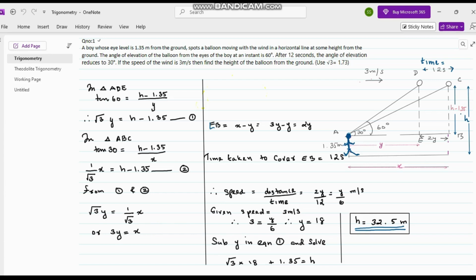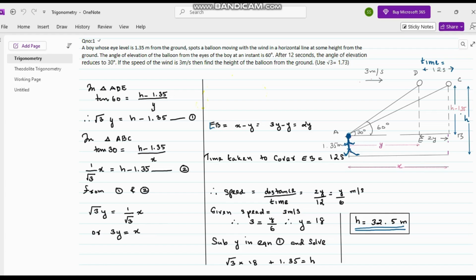Now, we are again moving back to the figure. You can see that in 12 seconds, the balloon covers a distance DC. It's equal to EB. From the figure, EB is equal to AB minus AE. AB is x and AE is y.